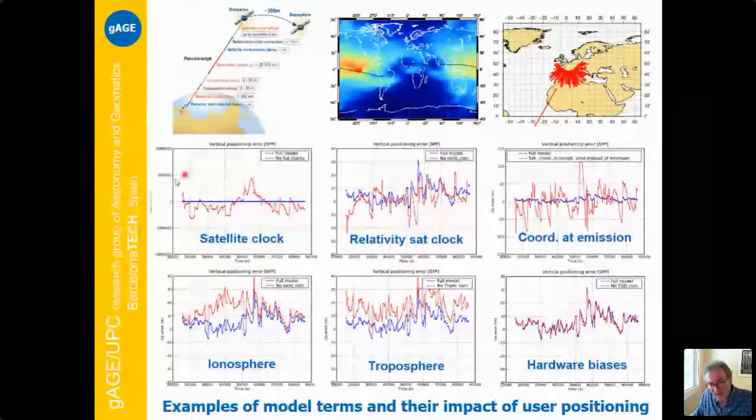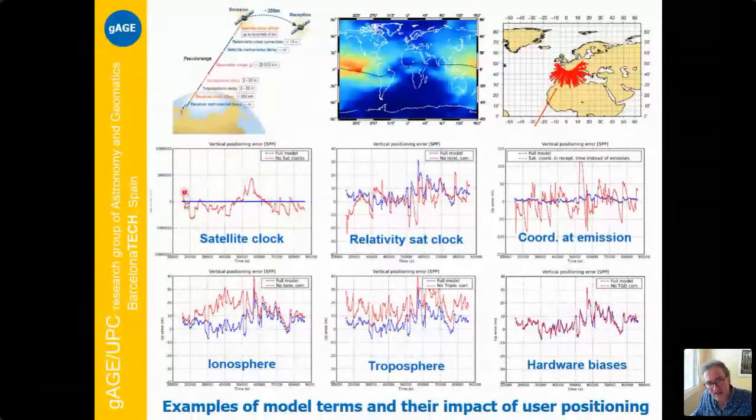Then, if the user receiver does not take into account this clock offset, the error can be huge, at the level of hundreds of kilometers.